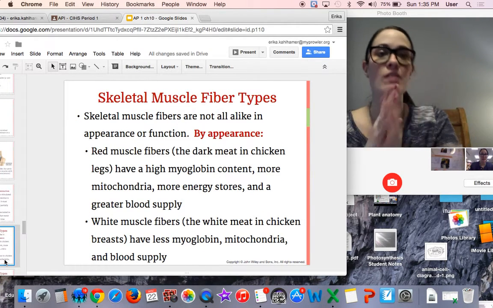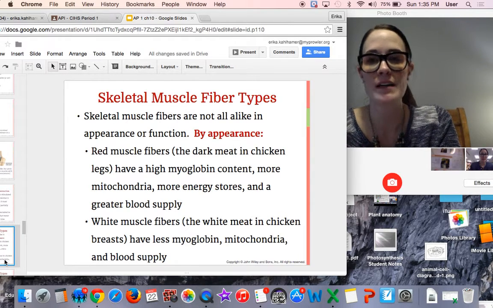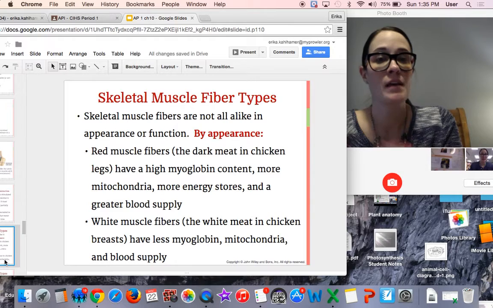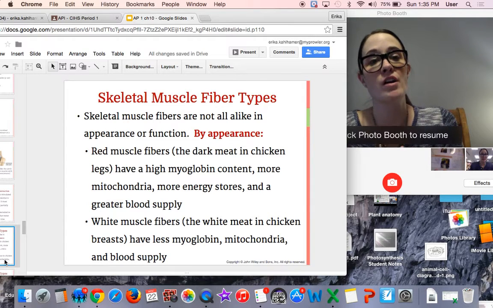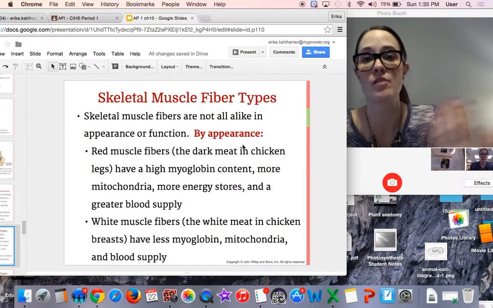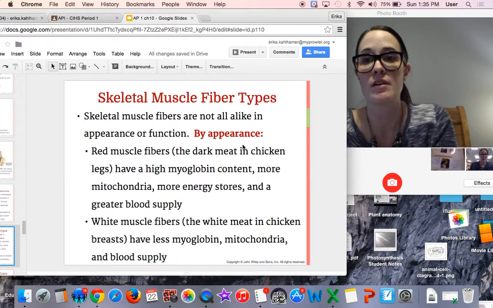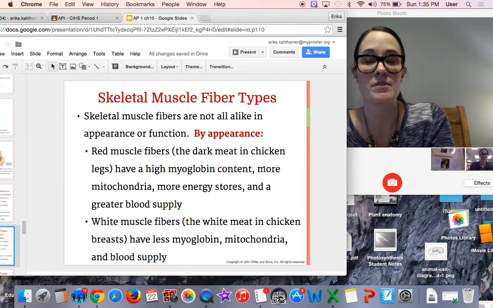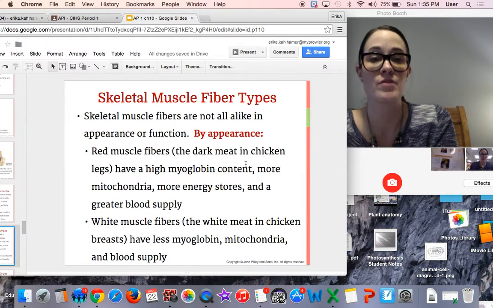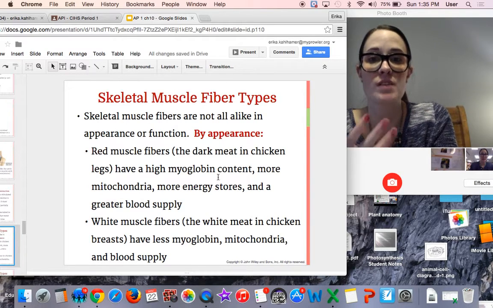There's a difference in the way muscle fibers can look color-wise underneath a microscope and in the body. Kind of like how in chicken you can have either dark meat or white meat. Same with our human body. The muscle fibers can be different colors depending on what they're made up of. Red muscle fibers, analogous to the dark meat in chicken, have a high myoglobin content, a protein within them.